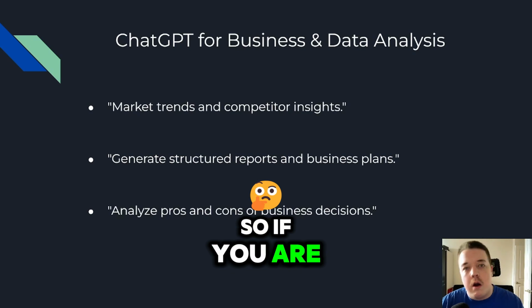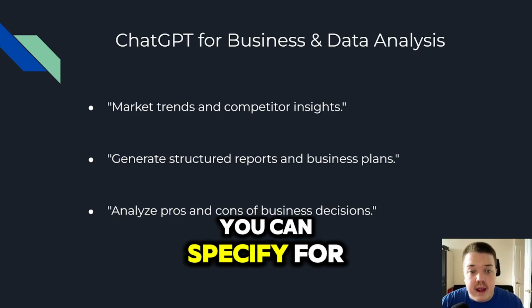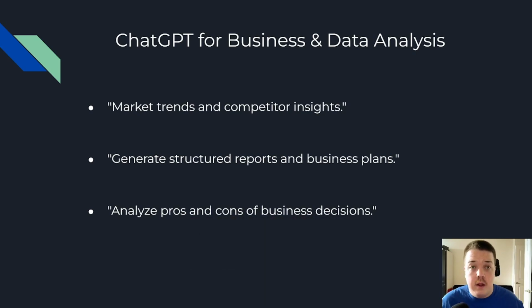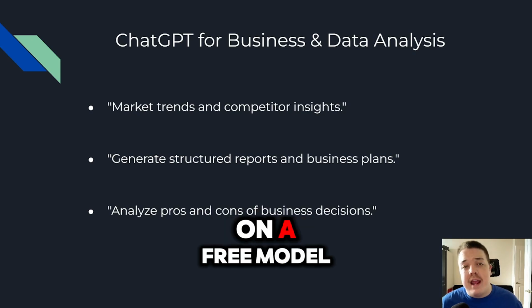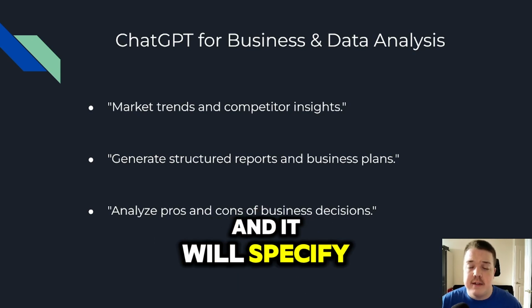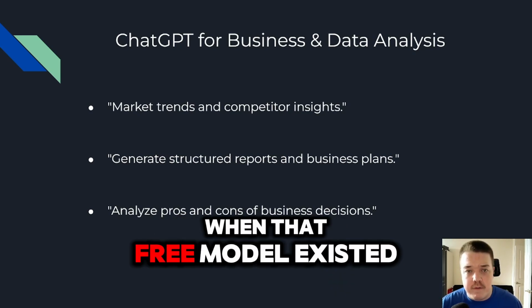So if you are on a premium model, you can specify for the market trends as of the current date, right? If you are on a free model, you may ask for market trends and it will specify to you what the market trends were up to when that free model existed, right?